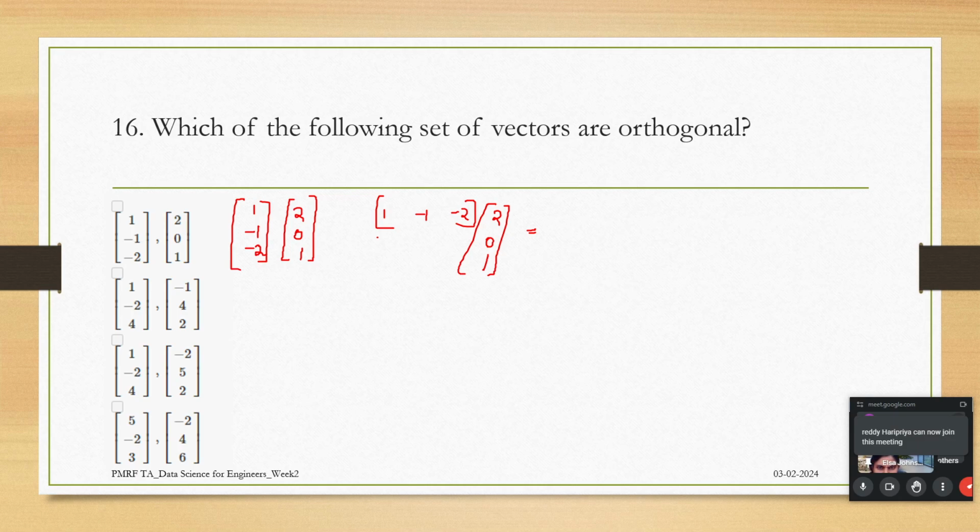Here you'll be getting 2, 0 and minus 2. It will be 0. This answer will be 0, right? First option will be 0, right? Everyone just check once.